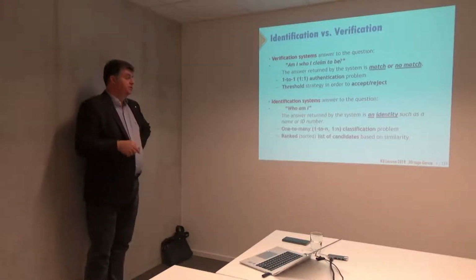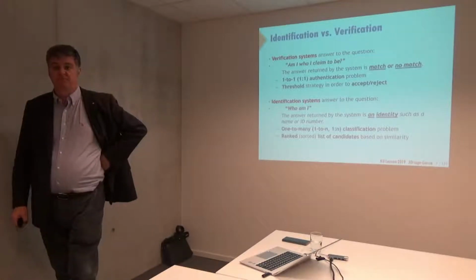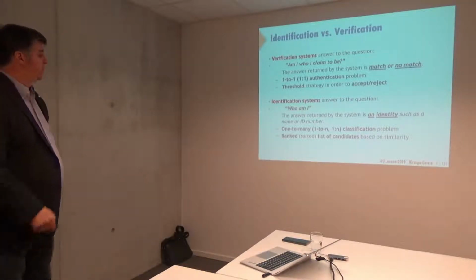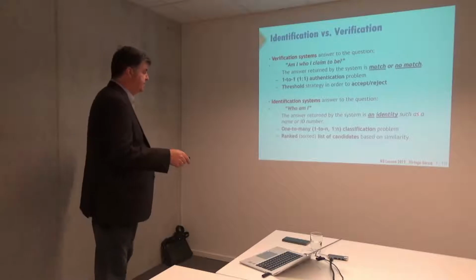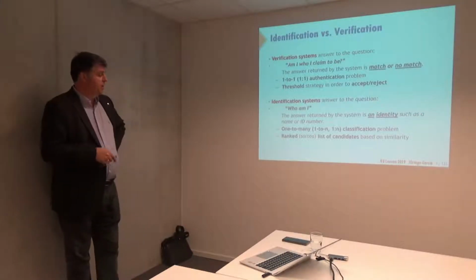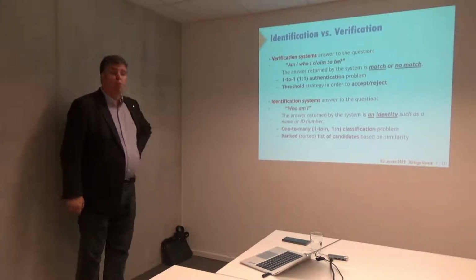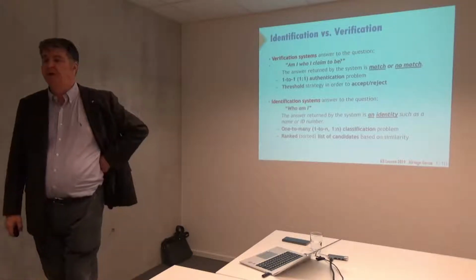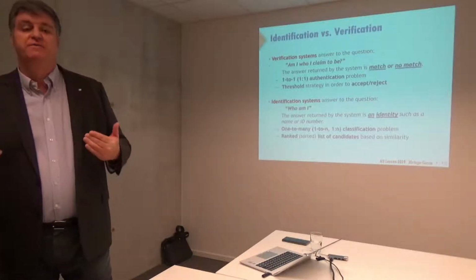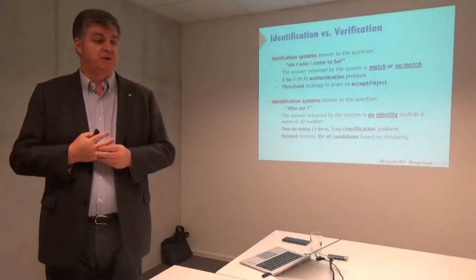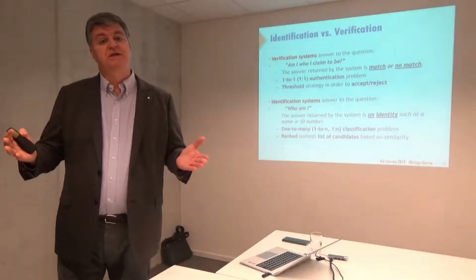Or identification. Who am I? The answer is an identity, such as a name or ID number, and it is also known as a one-to-many problem. Think about an automated fingerprint identification system in forensic scenarios.